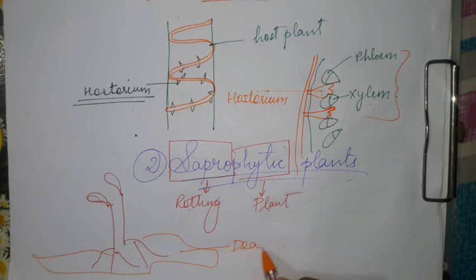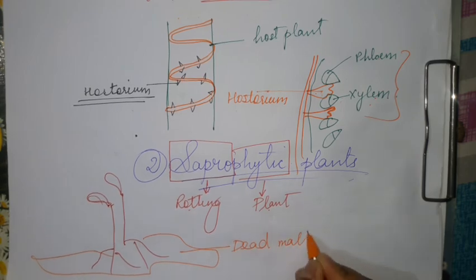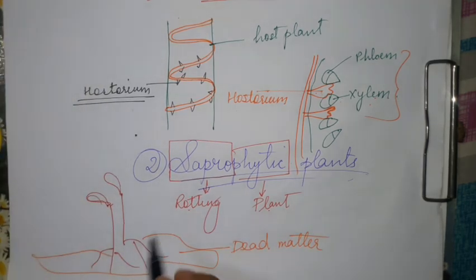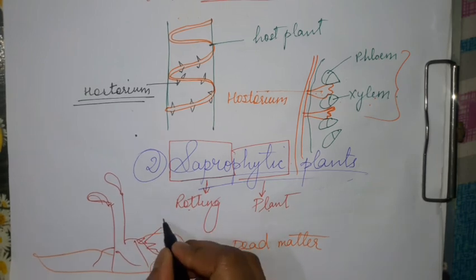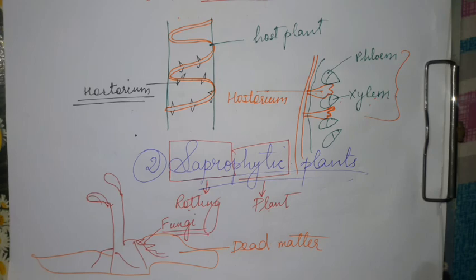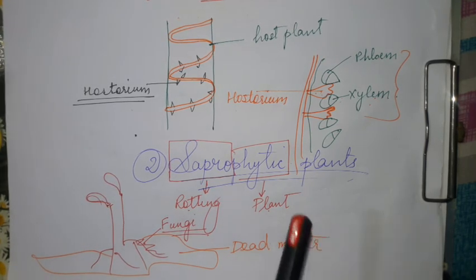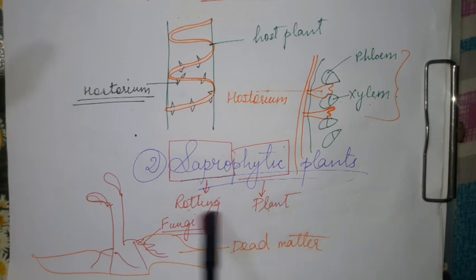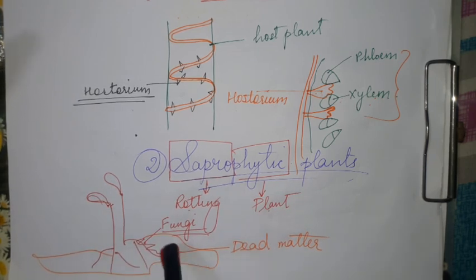This is the dead matter. So here you will find the fungi growing, because fungi also grow in dead and decaying matter. Therefore, fungi are also called saprophytic plants. This is the most common example.